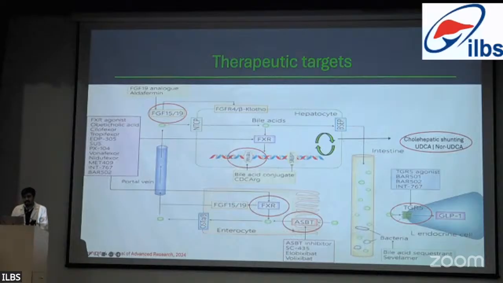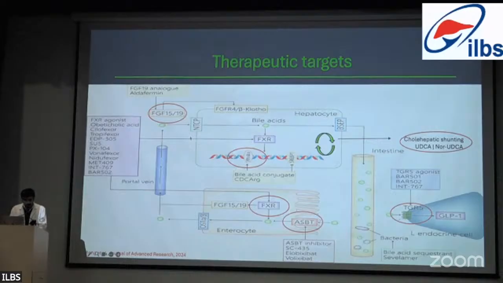Another target is ASBT inhibitors, which reduce the bile acid uptake and increase fecal excretion. FXR again reduces bile acid synthesis and increases secretion. FGF15 acts along the lines of FXR. And also we have the PPARs, which help in reducing bile acid synthesis, increase bile acid glucuronidation, and bile acid secretion. Also, TGR5, like we discussed, is present on multiple cells and may also be a beneficial target.